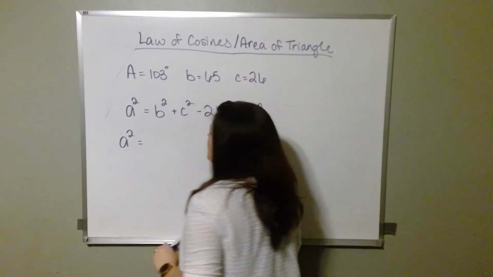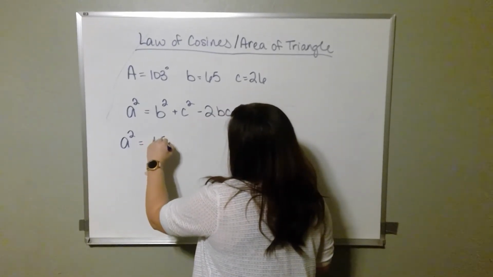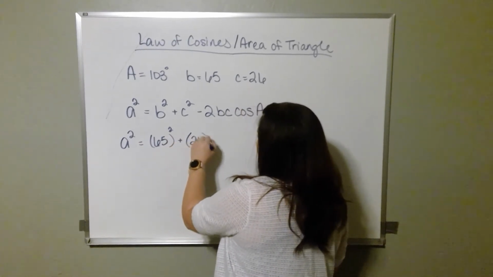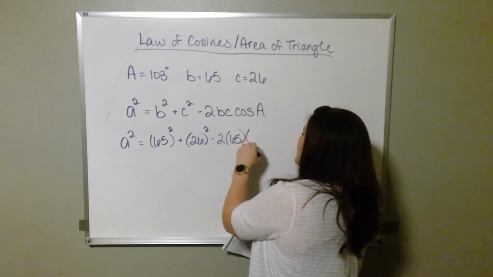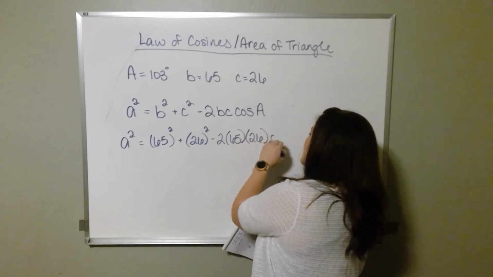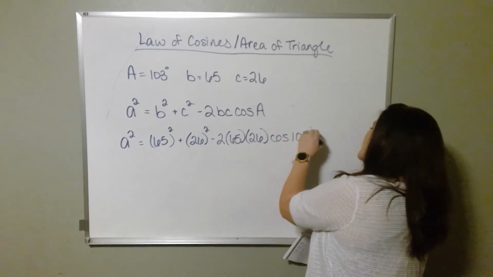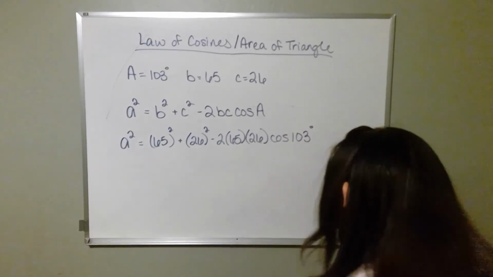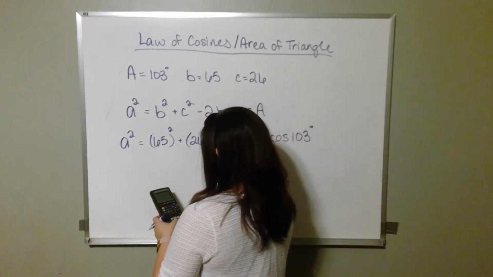Okay, so I have a squared equals, let me sub in b and c, so 65 squared plus 26 squared minus 2 times 65 times 26 times the cosine of 103. So let me get my calculator. Okay.